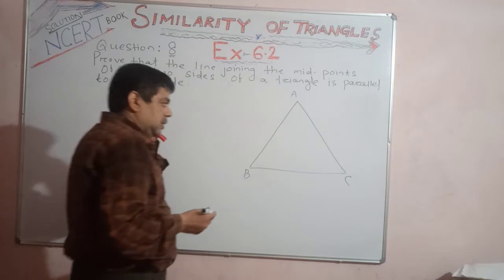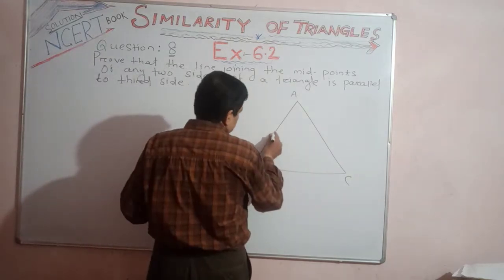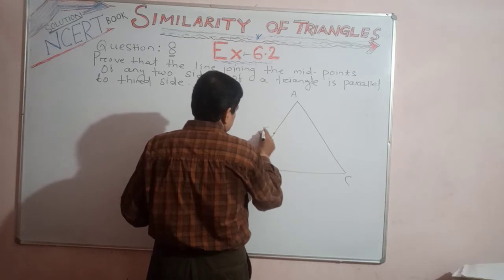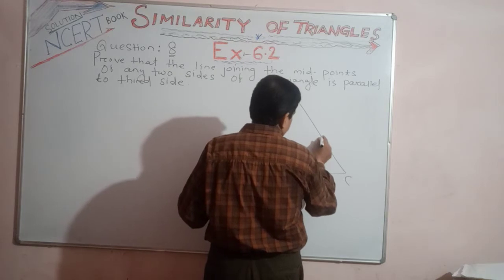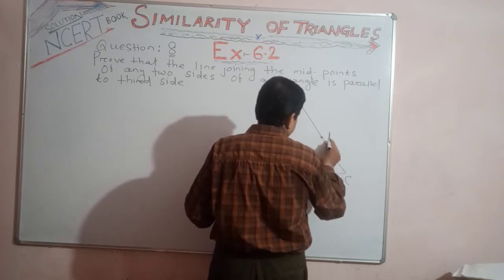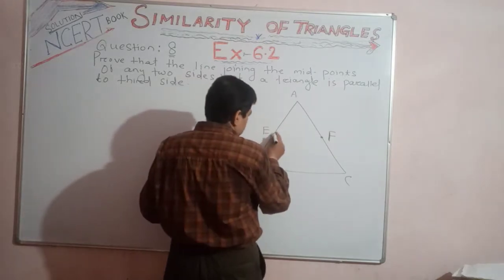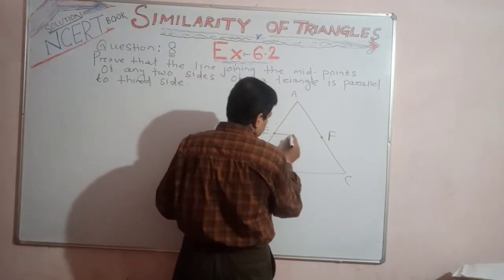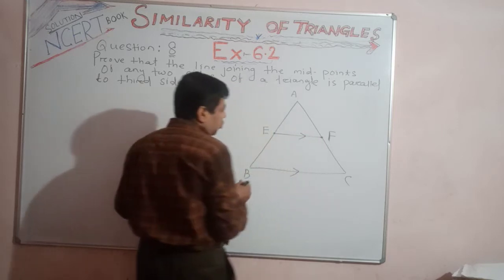Let AB and AC be the two sides. Let E be the midpoint of side AB, and F the midpoint of side AC. Joining the points E and F, we get a line segment, and we have to prove that it is parallel to BC.